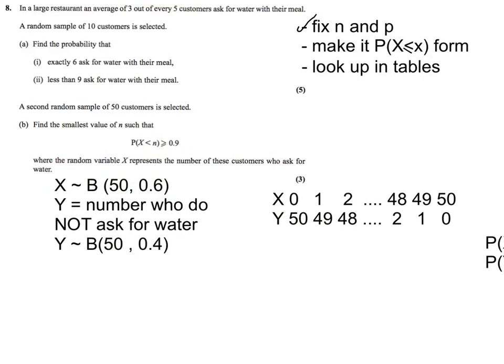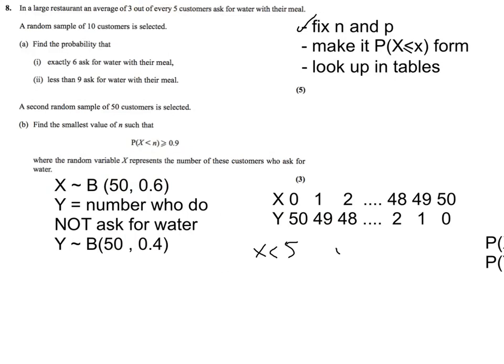We've been asked for the probability that x is less than n. So let's say that n was 5. We've been asked for the probability that less than 5 people ask for water. So that means 4 or 3 or 2 or 1 or 0 people ask for water. What would that be in terms of y?